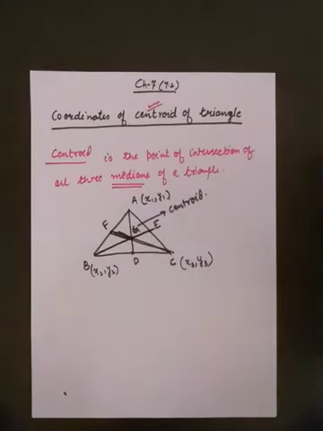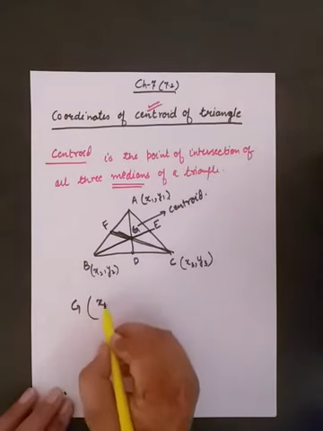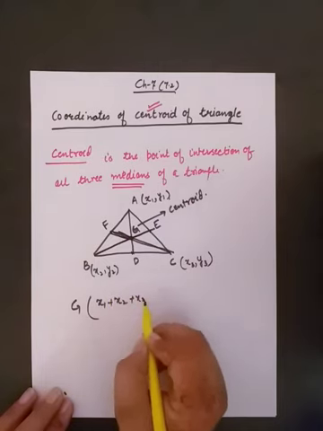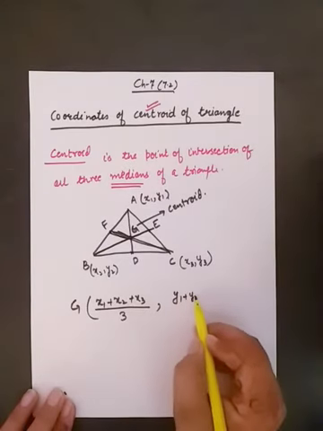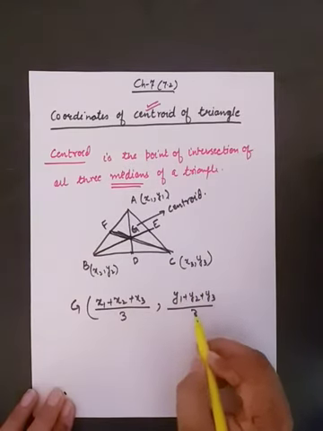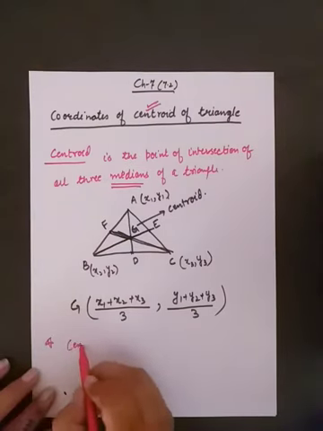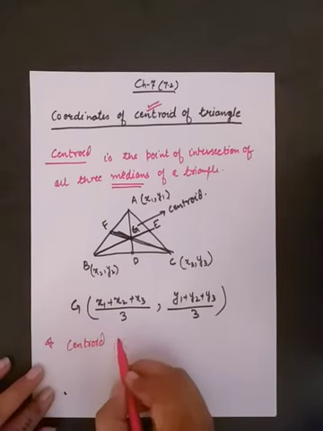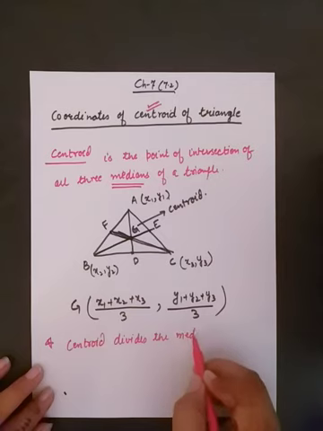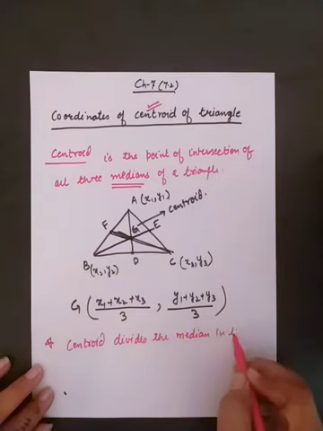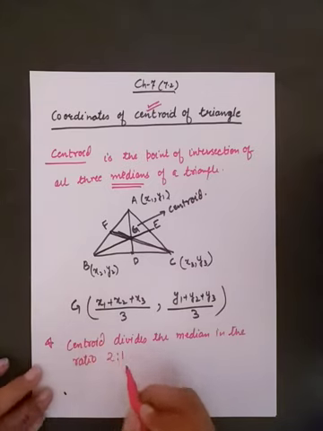How to find the coordinates of this point? The coordinates of G are given by (x1 + x2 + x3)/3, and its ordinate will be given as (y1 + y2 + y3)/3. And also remember, the centroid divides the median in the ratio 2:1.